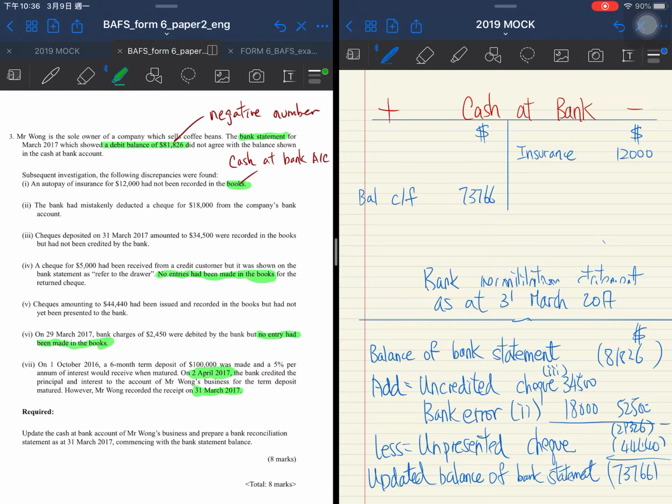Number 4, trade receivable, because the cheque caused some problem. We have recorded it before, but actually we can't receive any money from this cheque, so we have to less the trade receivable. Number 5, we have done it. Number 6, bank charges.